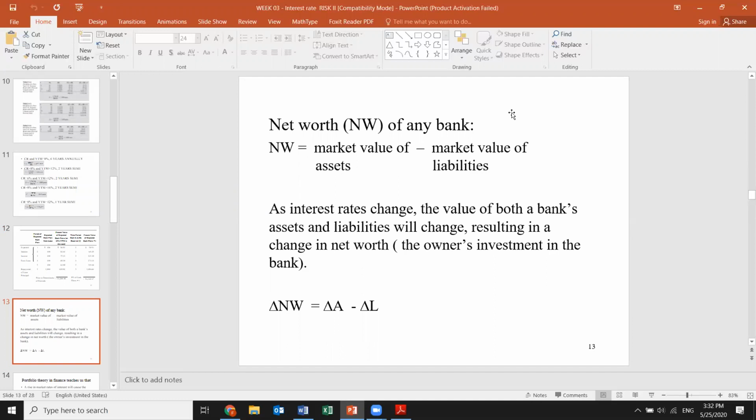But here, the net worth reflects the market value position. We're taking into consideration the market value of assets minus the market value of liabilities. So as interest rates change, the value of the bank's assets and liabilities will change, resulting definitely in a change of net worth, or the owner's investment in the bank.